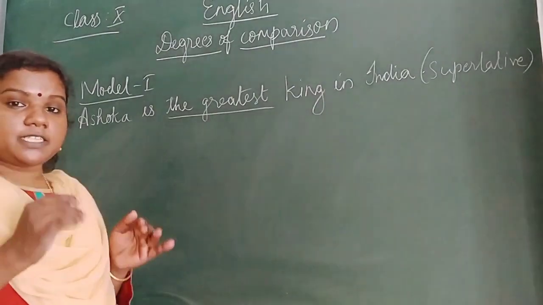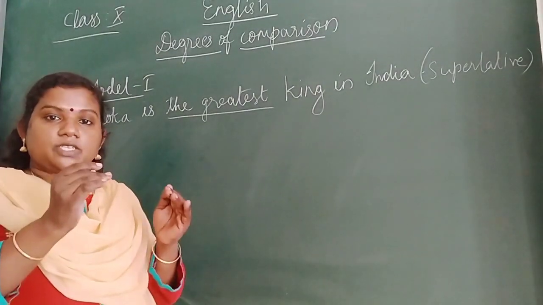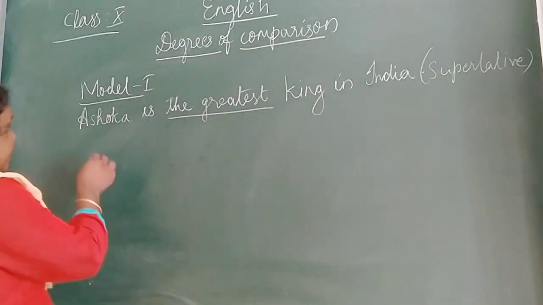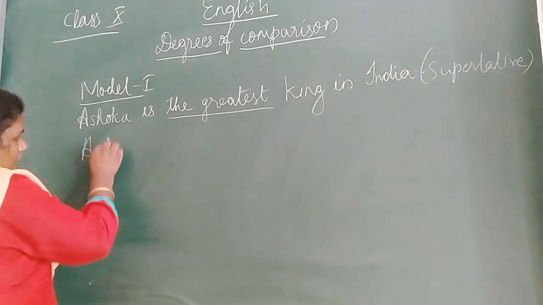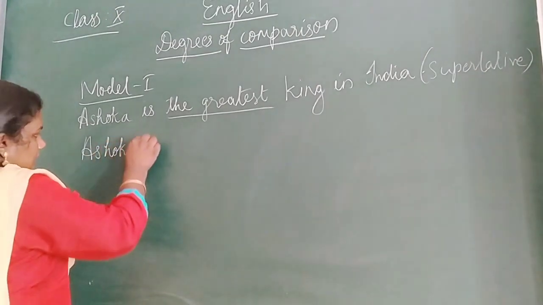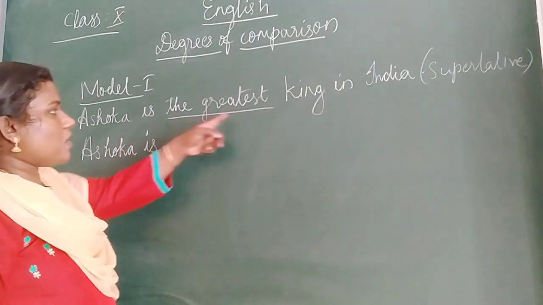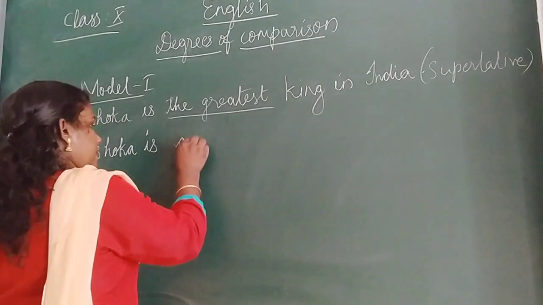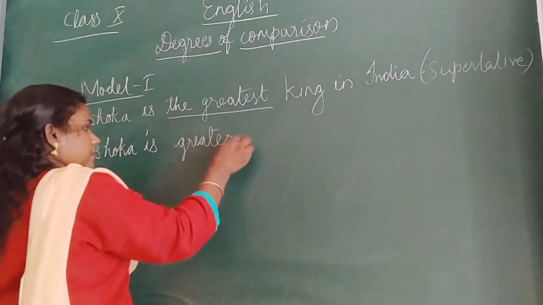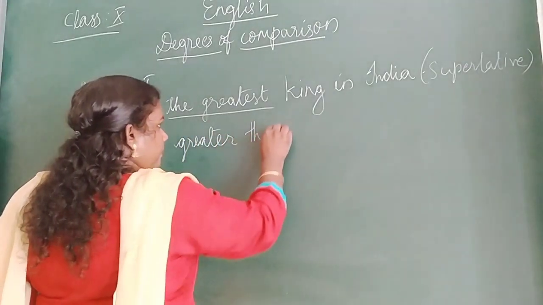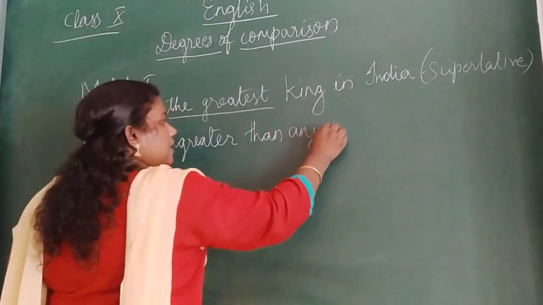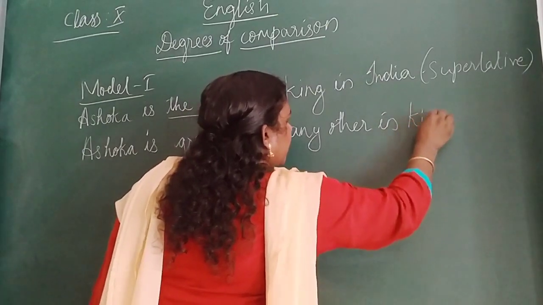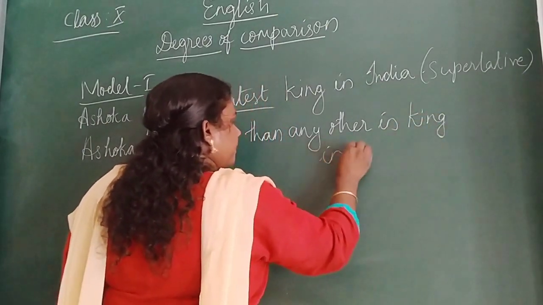First we are going to change it into the comparative form. This is very important, students. Ashoka is, instead of greatest, we have to write greater than any other king in India.